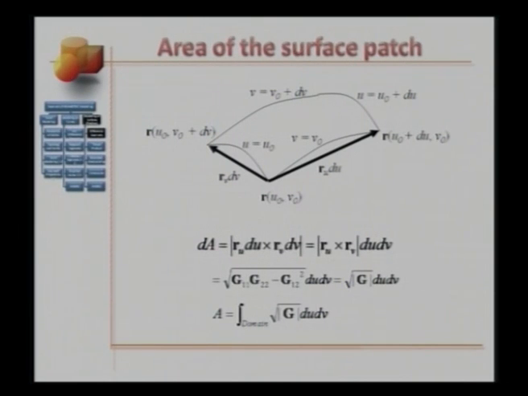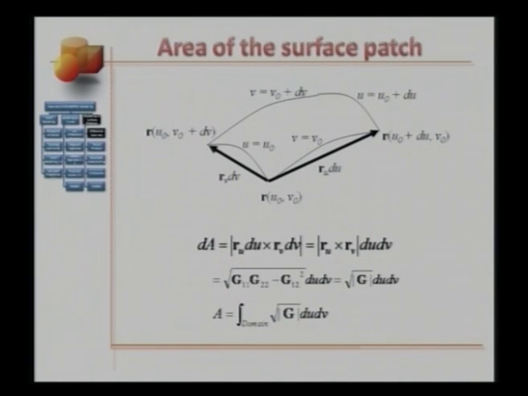So if I want to compute the area of the entire surface patch, I'll have to integrate over the entire domain, that is, over the permissible values of u and v. So A will be integration over the domain of dA, which is within the square root sign, determinant of g, times outside the square root sign du dv.